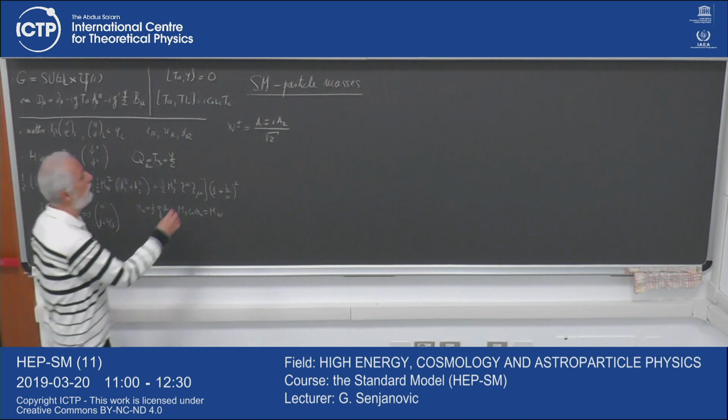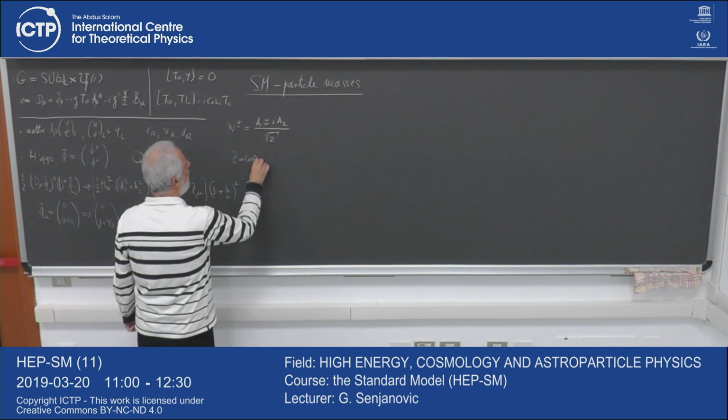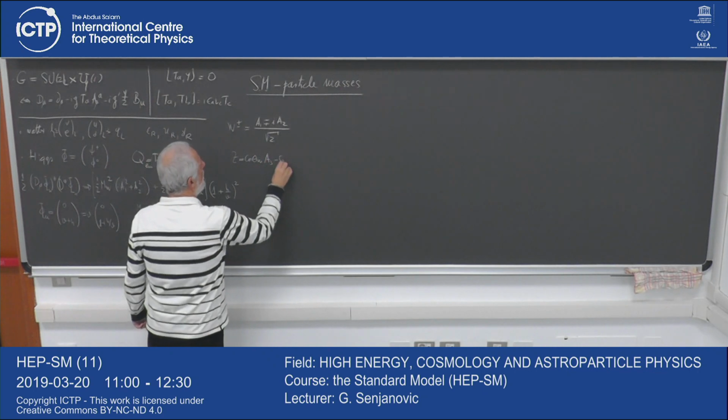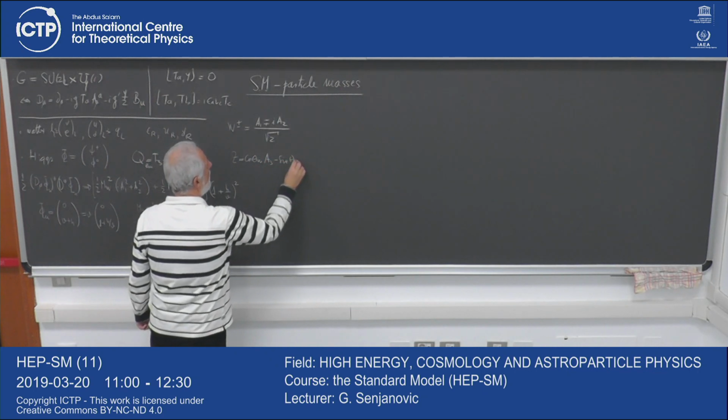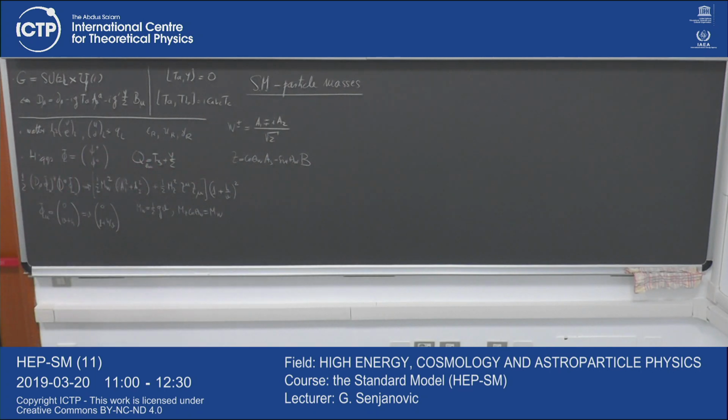And Z was cosine theta_W W3 minus sine theta_W B. That was the field. I'm not writing the mu index, which sometimes I will, sometimes I won't. This was the field that got the mass. This is what I found out from here, right? Just by plugging in. Okay, let's remember, that's what we did on Wednesday.